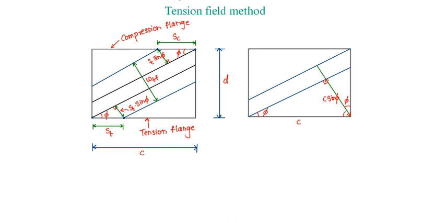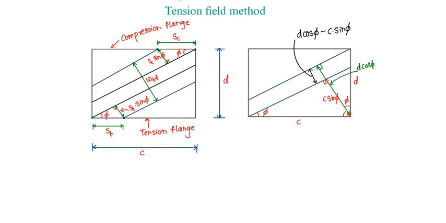Since the overall depth of the web is d, the distance from here to here, from this right angle triangle, will be d into cos phi. So subtracting both, this width will be obtained, that is equal to d into cos phi minus c into sin phi.